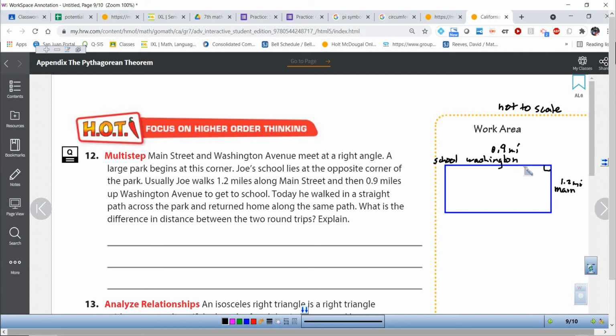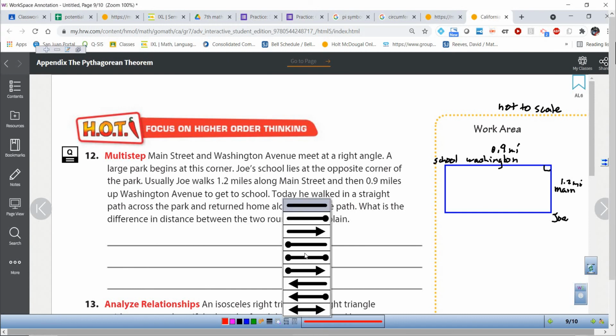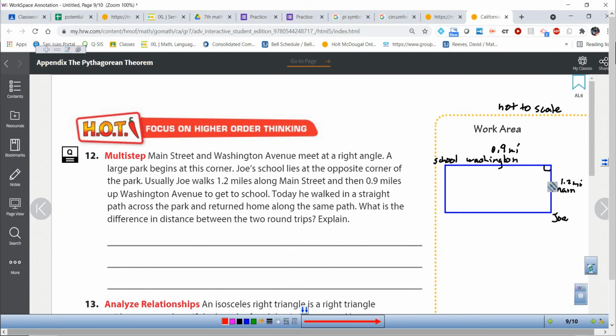If I wasn't in a rush, I would redo these, but it's really not going to matter. So if Joe starts here, normally what he does is he walks here, and then he walks there. And then he would walk back here, and then he would walk back there.